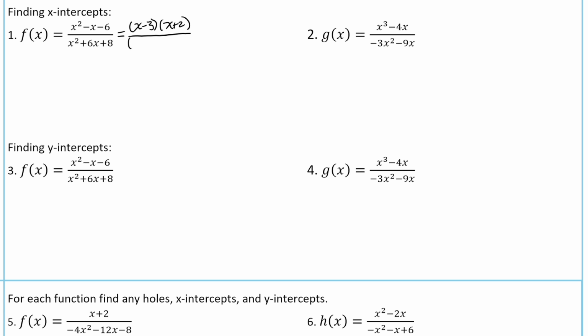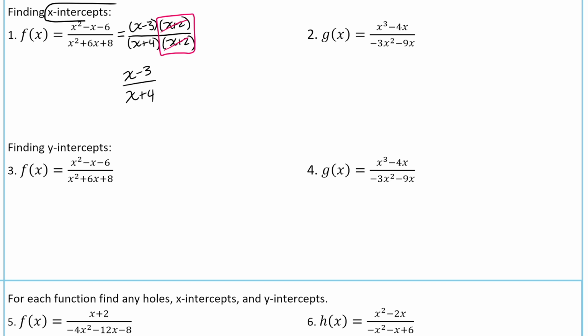And in the denominator, what multiplies to 8 that adds to 6? That would be 4 and 2. Alrighty, here this is going to reduce. X plus 2 divided by x plus 2 is 1. So we're left with x minus 3 over x plus 4.